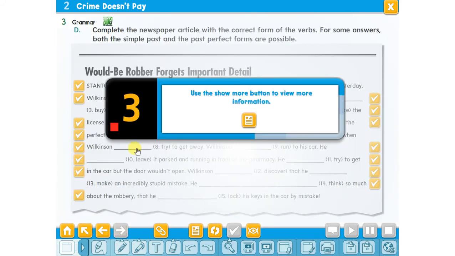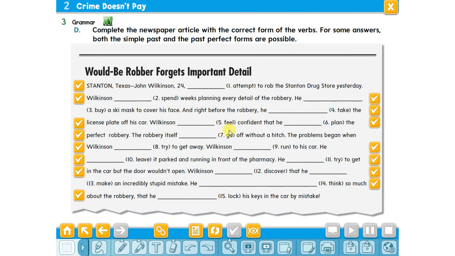Let's move. آخر جزء عندي هنا عبارة عن complete the newspaper article with the correct form of the verb.